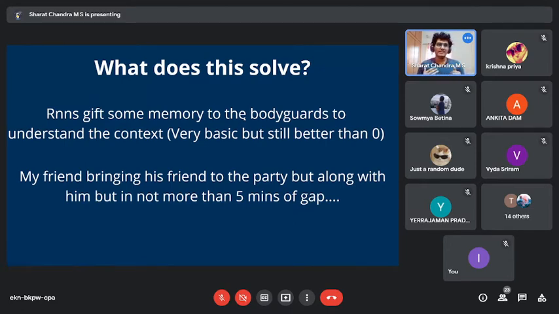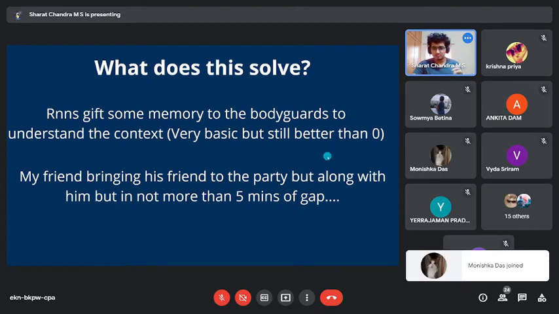Now what they are capable of doing is, if your friend brings his friend, they'll probably allow him, and they'll also leave a 5 minute gap, as in once your friend leaves, till the next person comes in, in case he's late. In between there should be no other person coming, because otherwise these guys' memory is very small. They'll forget that there was some person who has to come. So that is a small achievement, but a significant achievement.